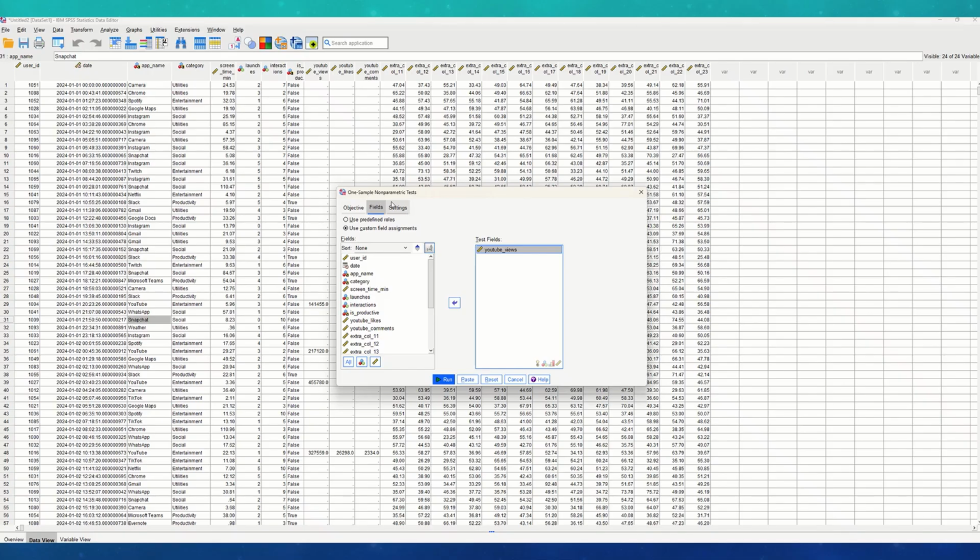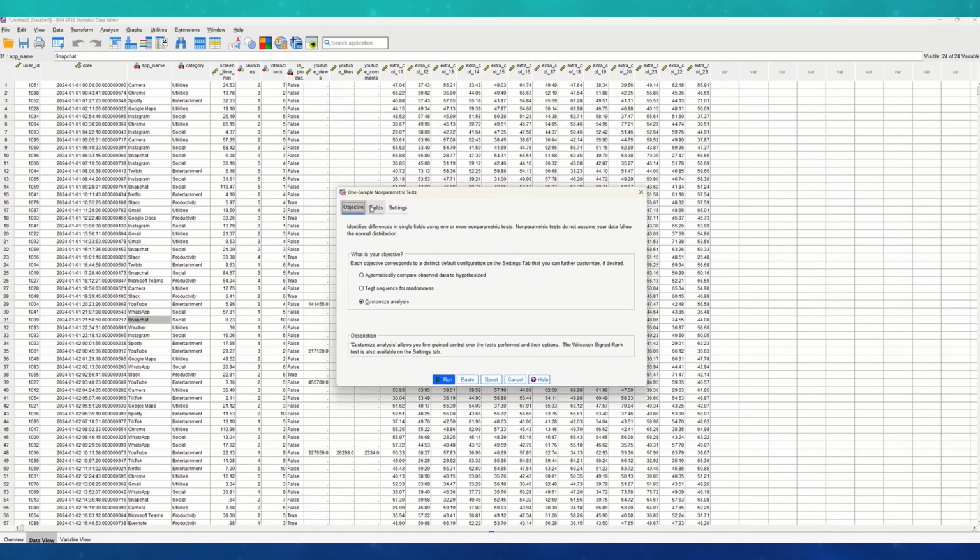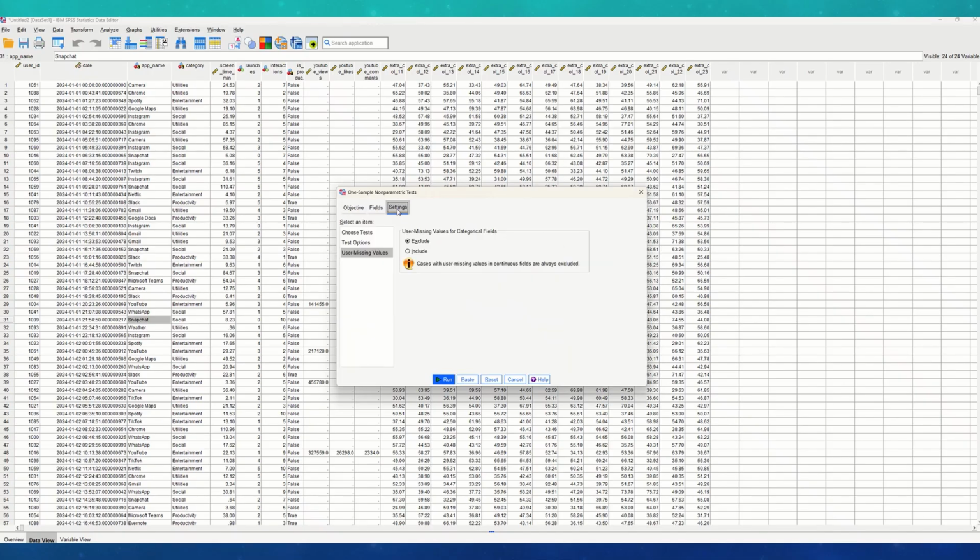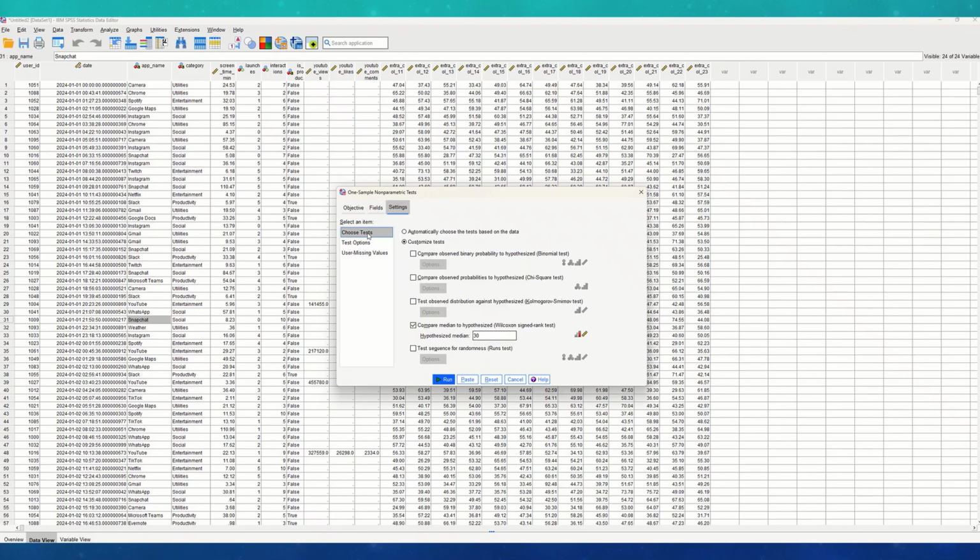Okay, and so we have our objective set here. We can choose which test we're going to use, and we're going to keep selected the Wilcoxon signed rank test. And now you need to give it a hypothesized median, okay?